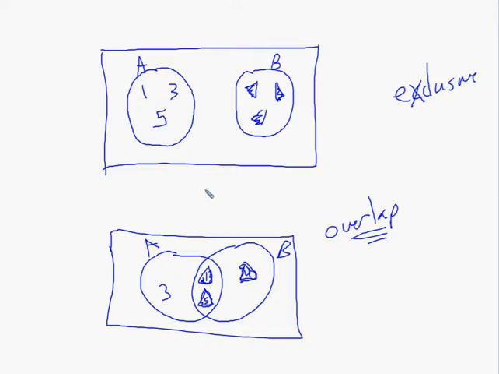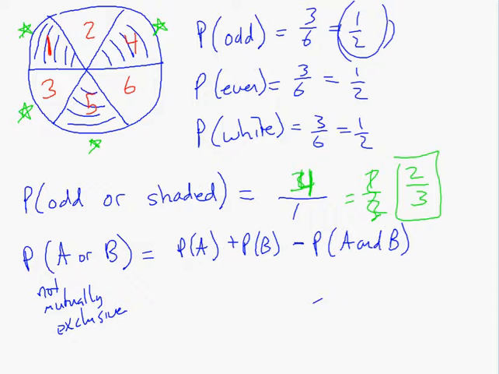So we need to subtract out this piece right here, which is the AND case, that both happen. So when we go back to our formula, the probability of event A, odd, is still 3/6.